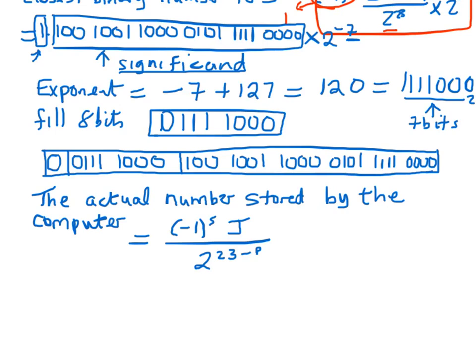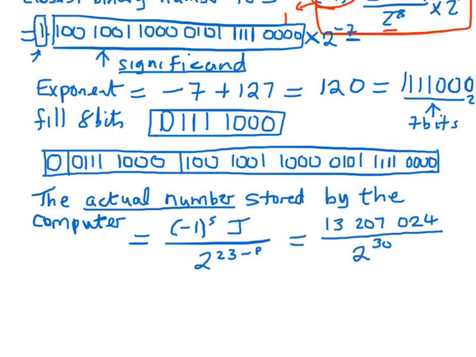We can actually look at the actual number that is stored by the computer for our number. And so if we fill in what we know, well, s is equal to 0, any number to the power of 0 is 1. If we put in the j value, let me think what the j value was. It was 1320724. That was the j value, divided by 2 to the power of 23 minus p. P was minus 7, so 23 minus 7 is going to give me 2 to the power of 30.